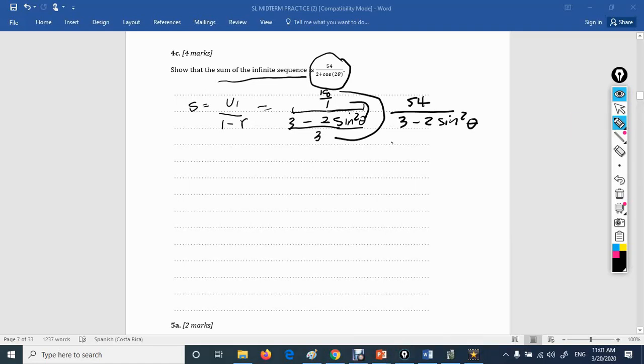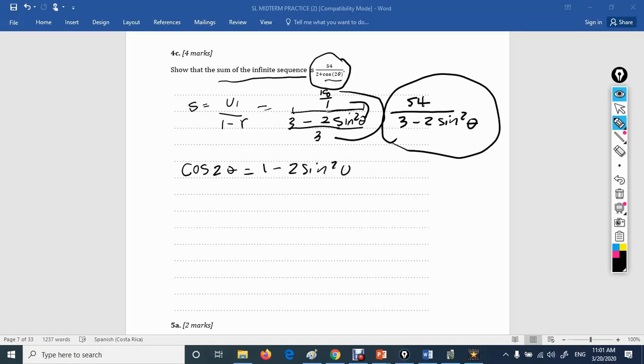So how do we get from here to what they're asking us for, which is something in terms of cosine of 2 theta? So we have to think about the double angle identities, and I think we should use the one cosine of 2 theta is equal to 1 minus 2 sine squared of theta, because it's the one that looks the most like the expression we have over here. So how can we do that? Well, we have 3 here, so we can take 1 from 3 and just rewrite the denominator here as something similar to this.